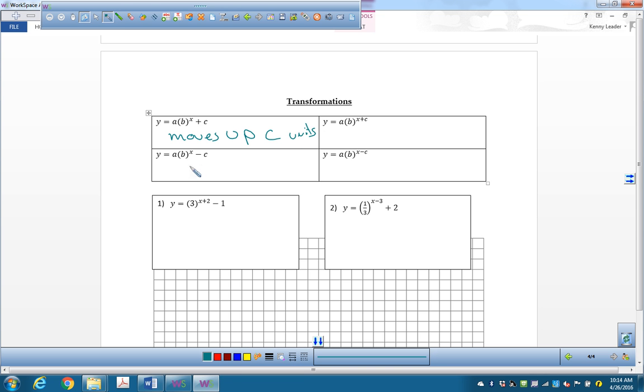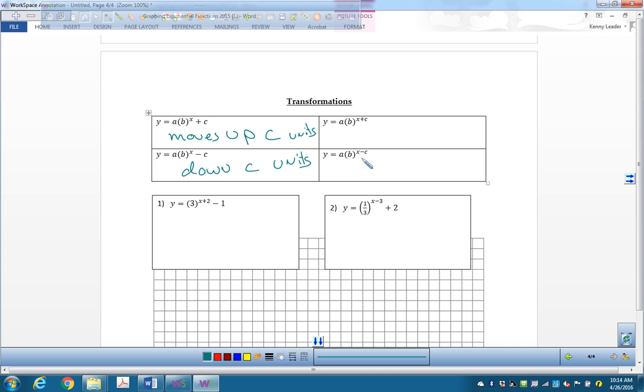What do you think this does? Down c units. What do you guys think that this does? Think about your parabolas and stuff like that. What is this, negative c? Anyone know what this is going to do?